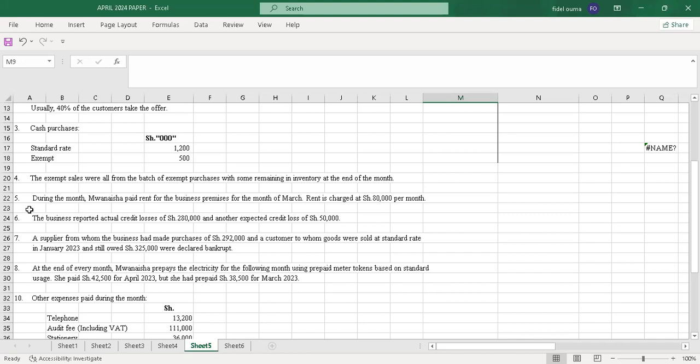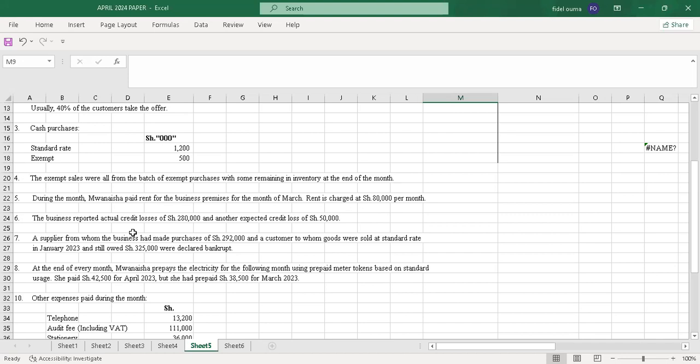So in this case, the lady was not supposed to pay VAT on rent because she's the one who is paying the rent. The rent is not being paid to her. She's not receiving rent. So we avoid this for VAT. So this does not qualify for VAT.